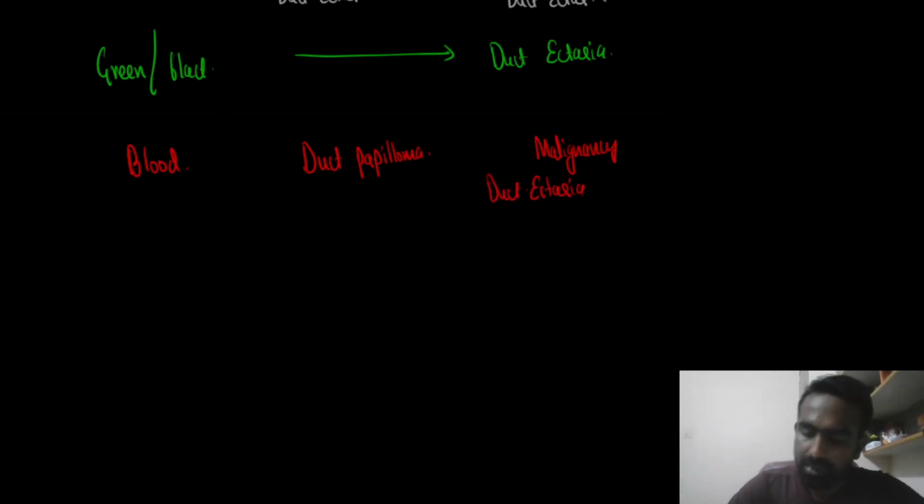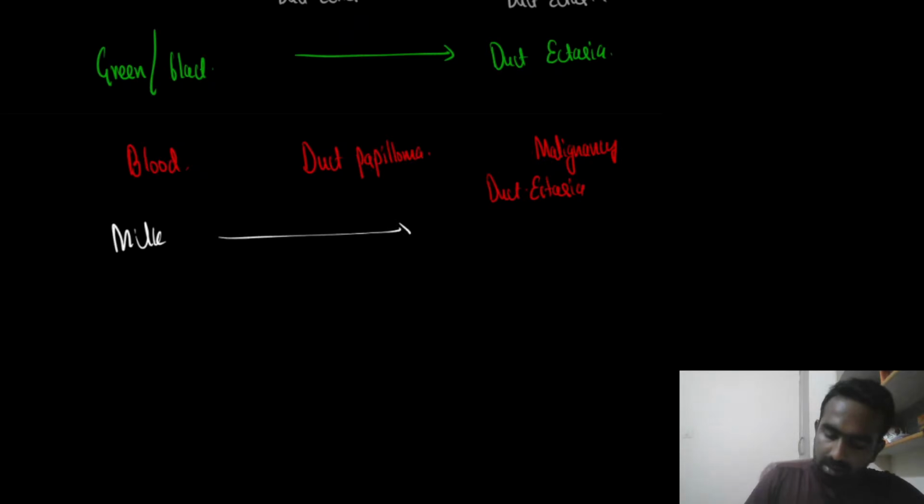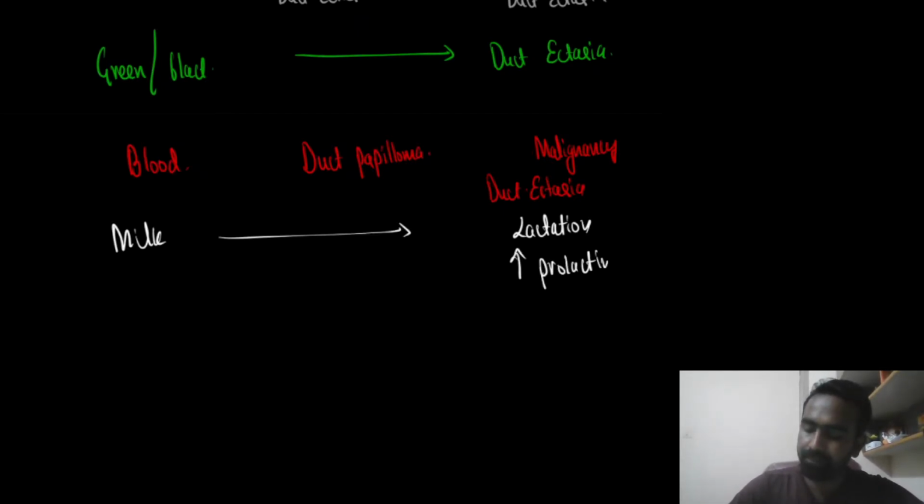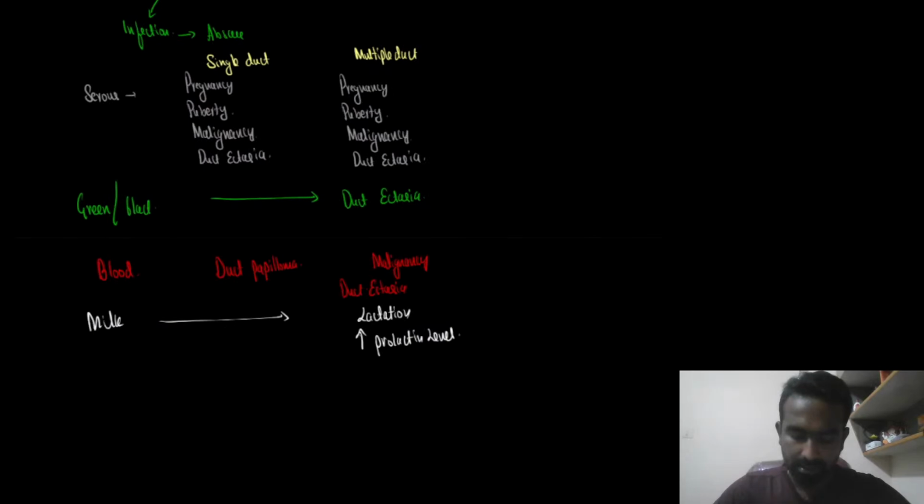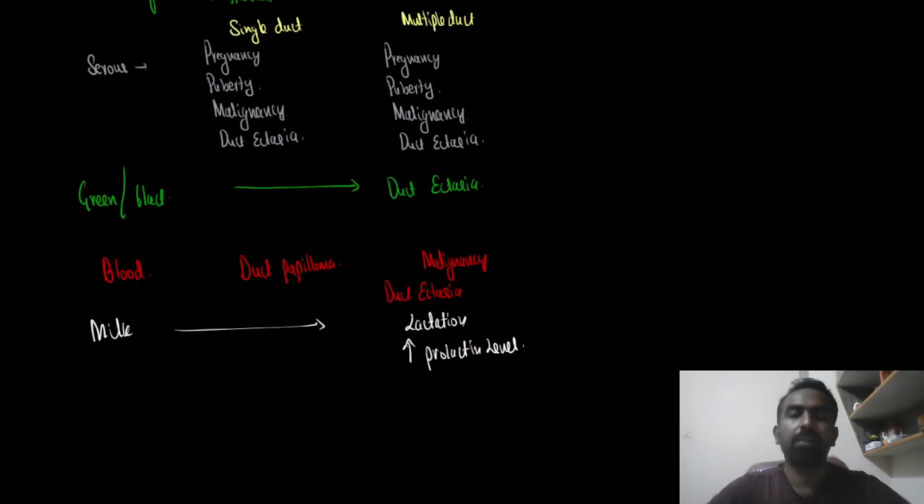And if it is milk, we already know it can be physiological during lactation, or when there are increased prolactin levels. So this is the picture of nipple discharge. Let's come to the assessment of any breast disease.